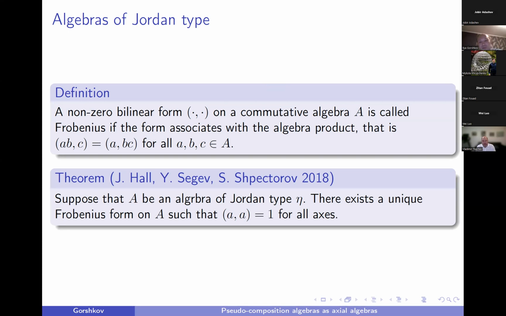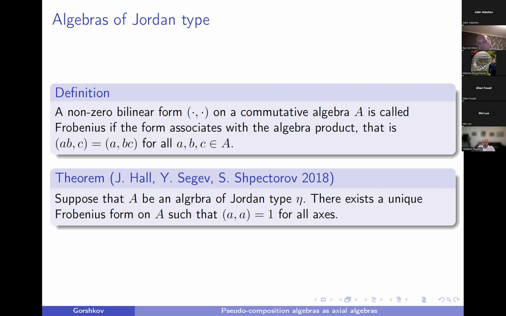Okay. Next, a useful definition: if we have a bilinear form on a commutative algebra A, then this bilinear form is a Frobenius form if it is associative with the product on this algebra.